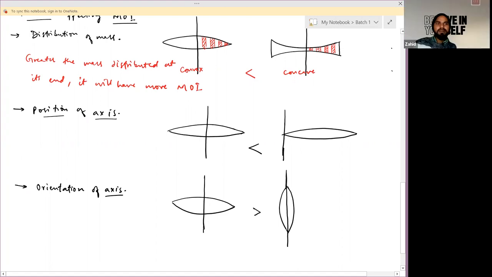So moment of inertia basically depends upon these three factors. Just write it down.